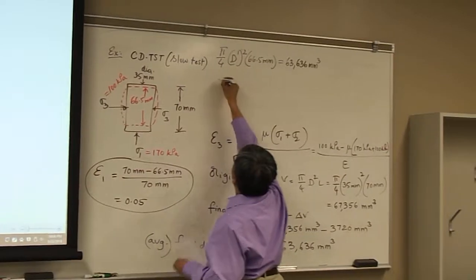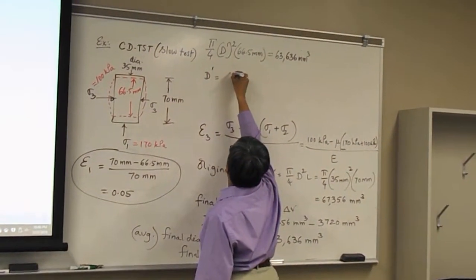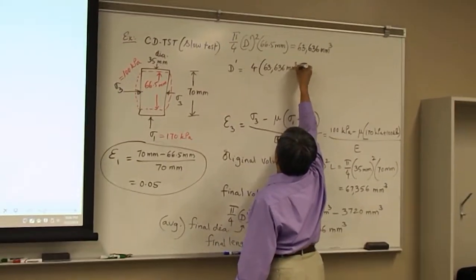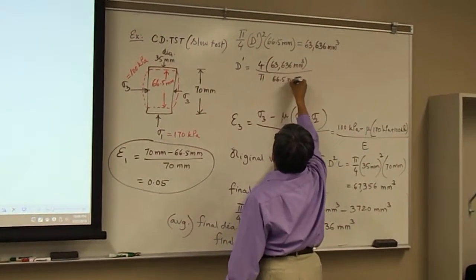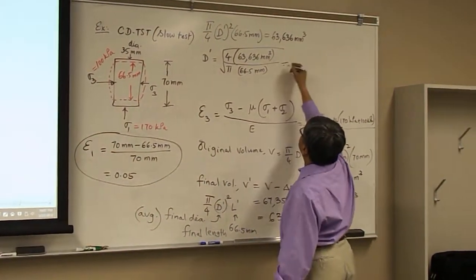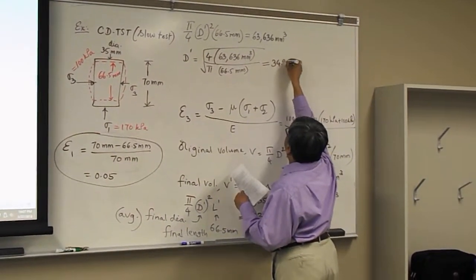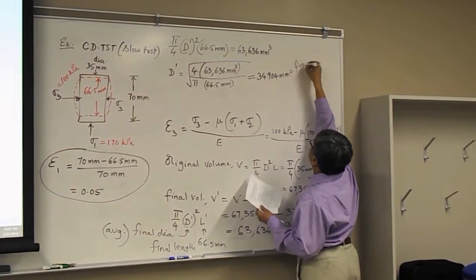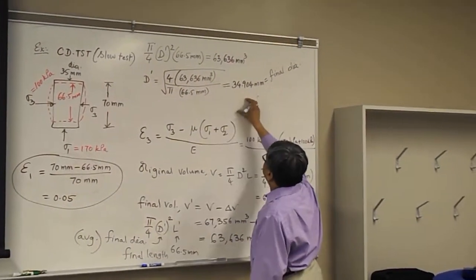So rearranging, d prime is the square root of 4 times 63,636 millimeter cube divided by pi times 66.5 millimeters. Because this is d square, we take the square root, and we find the changed diameter is 34.904 millimeters. This is the final diameter, from 35 millimeters to 34.904.